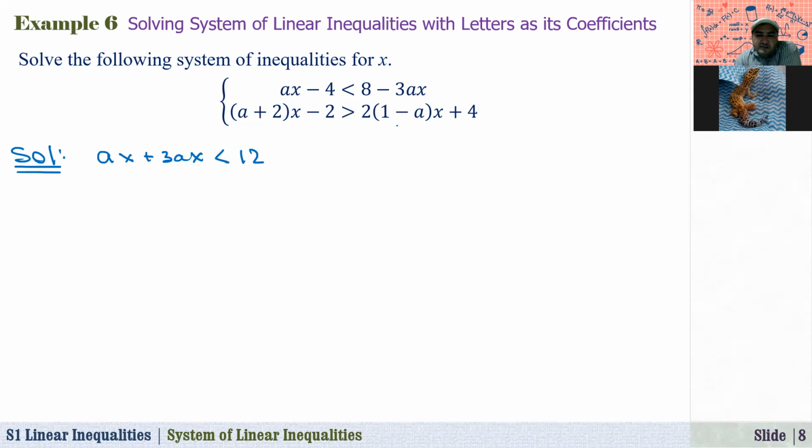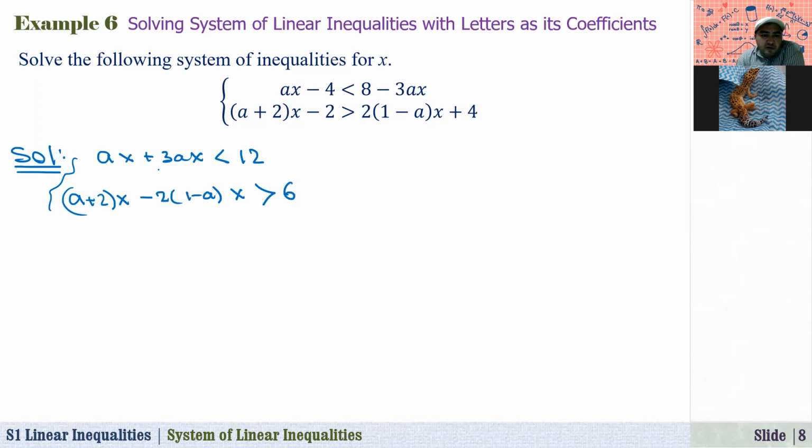Again, all the terms that have x, collect them on the left-hand side. Here we have a plus 2x, and here we have minus 2, 1 minus ax, greater than, and take negative 2 to the right-hand side. On the right-hand side we have 4 plus 2, it is 6. Okay, so that's our system.